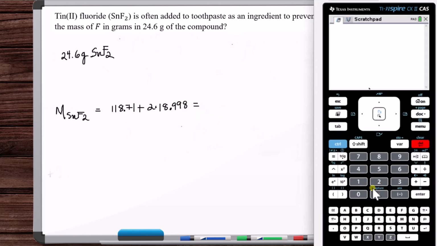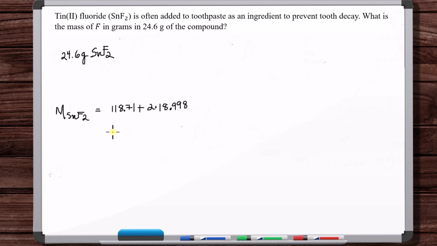So that's 156.71 grams per mole. So we can say we've got 156.71 grams per 1 mole of SnF2.